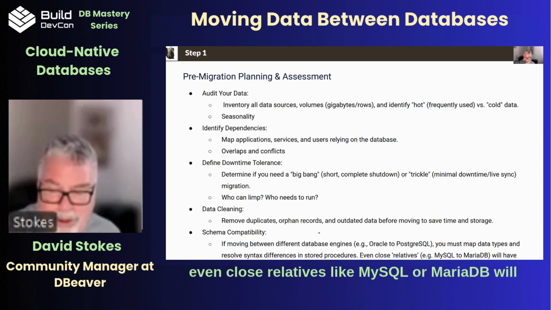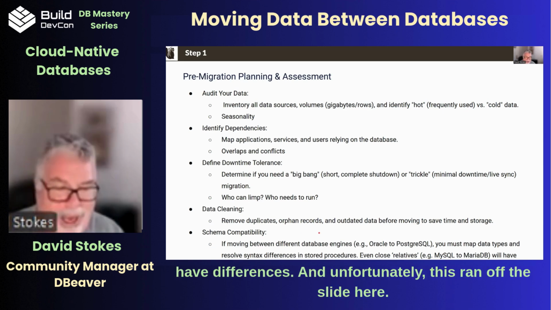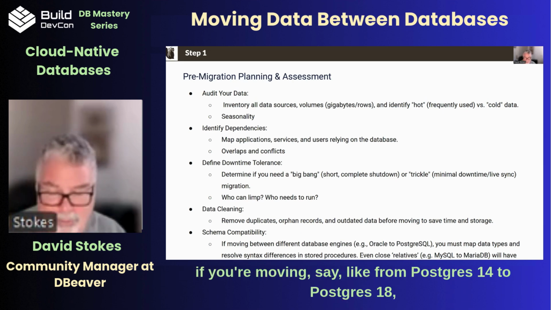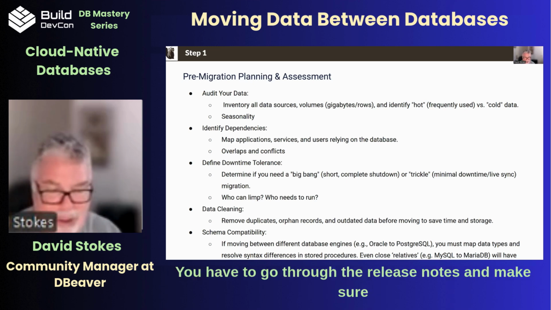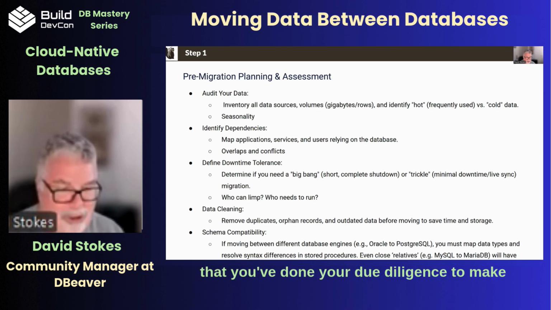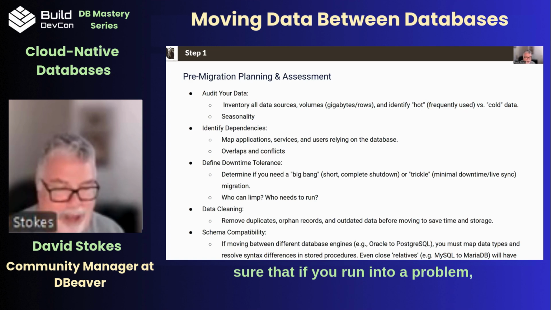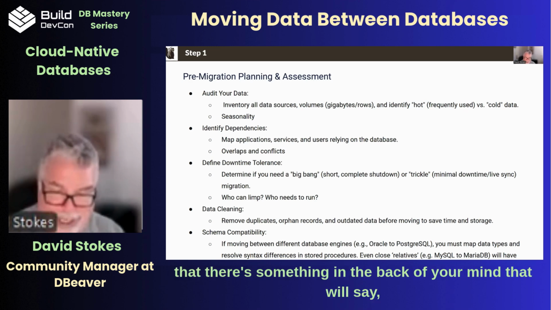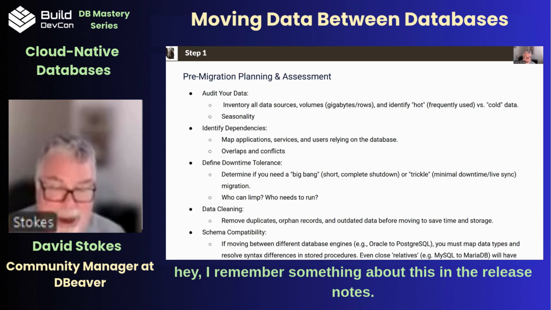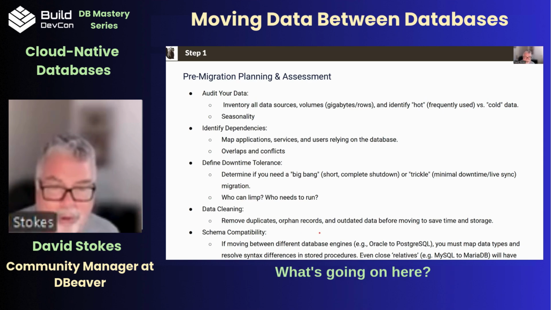Now, even close relatives like MySQL or MariaDB will have differences. Also, if you're moving, say, from Postgres 14 to Postgres 18, there are things that have changed. You have to go through the release notes and make sure that you've done your due diligence, so that if you run into a problem, there's something in the back of your mind that will say, hey, I remember something about this in the release notes. What's going on here?